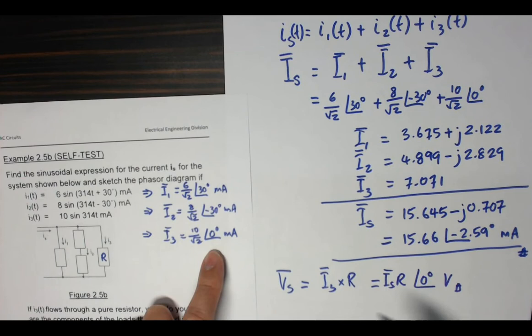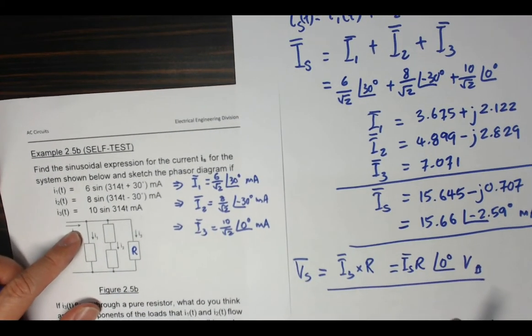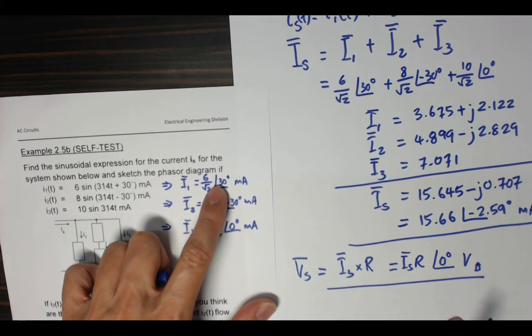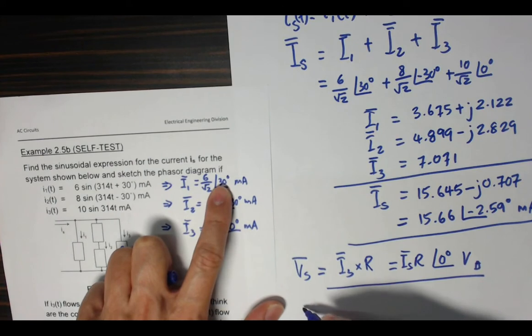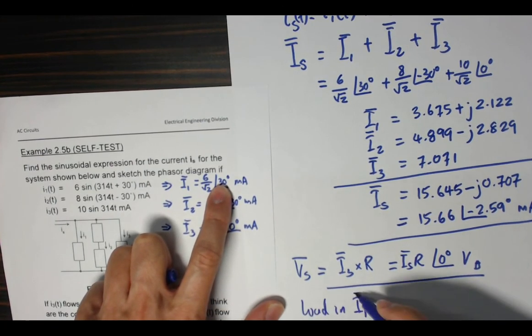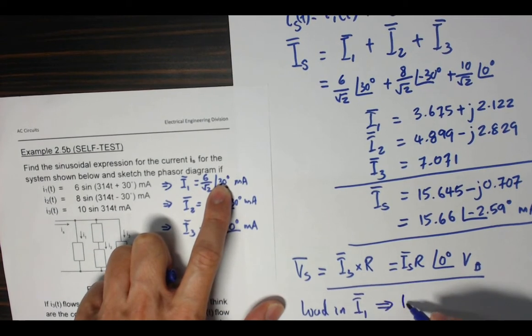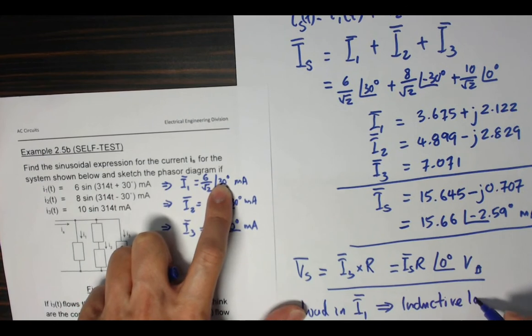Now if Vs phase angle is 0, then if I look at I1, now I1 has a phase angle of 30 degrees. That tells me that the load flowing through by I1 is an inductive load.